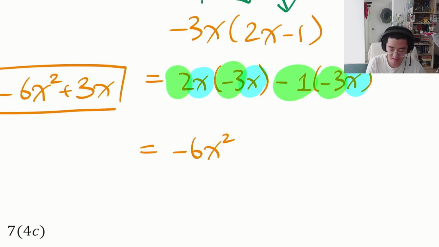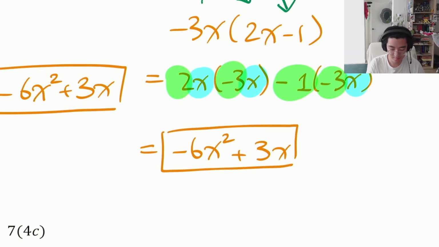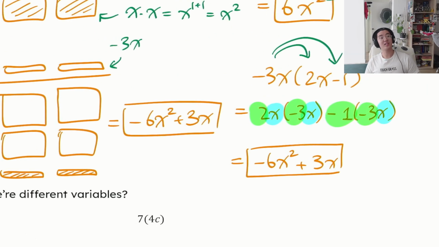Next, we have negative 1 times negative 3, which is plus 3. Two negatives make a positive, and then x is by itself. Notice how this is now a combination: we are combining multiplication with adding and subtracting.